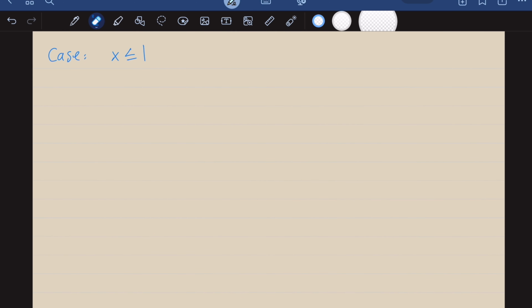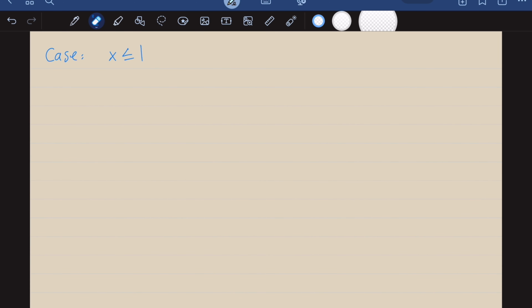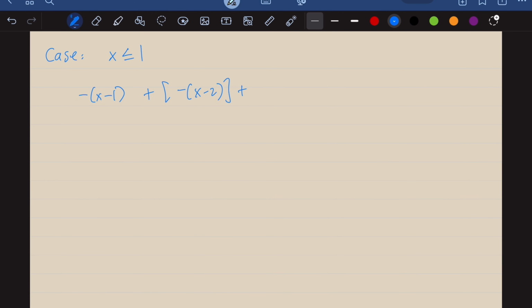So when we rewrite the absolute value equation, every term here should be negative. This negative of x minus 1 plus negative of x minus 2 plus negative of x minus 3 equals the negative of x minus 4. Each of them has a negative sign, so we can just cancel the negative sign for all of them. It's like dividing every term by negative 1.